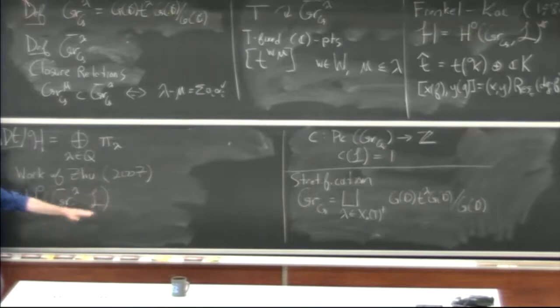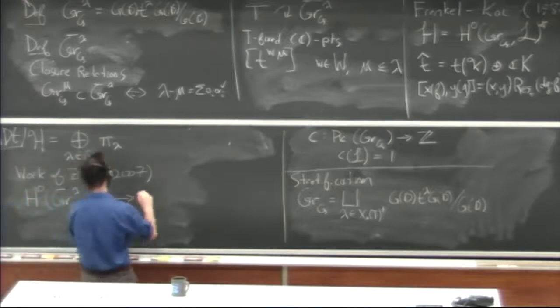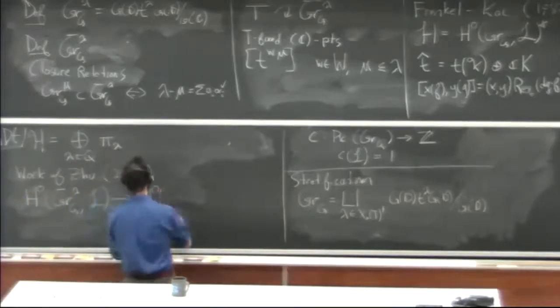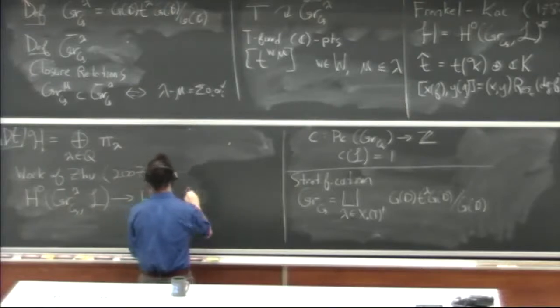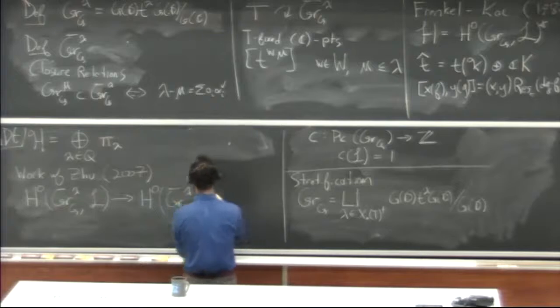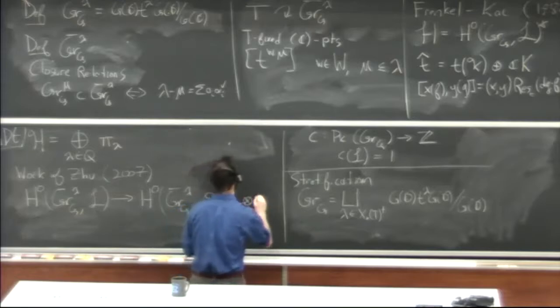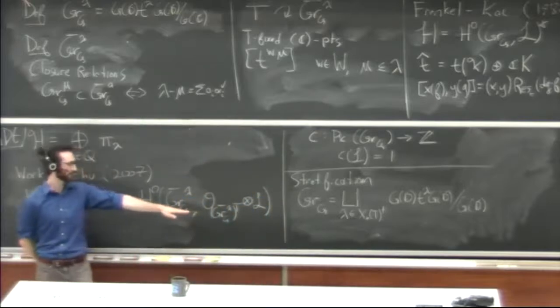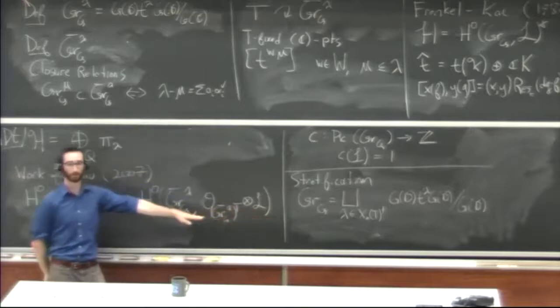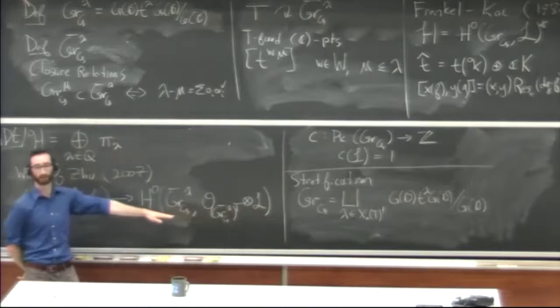Here I'm restricting my line bundle to this affine Schubert variety, take global sections. There's going to be a restriction map to global sections H^0 on Gr_G λ bar, and now I tensor with the structure sheaf of the T-fixed subscheme, O of Gr_G λ bar T-fixed subscheme, tensor L. So here you should just think of restricting this line bundle to the T-fixed subscheme of the affine Schubert variety.